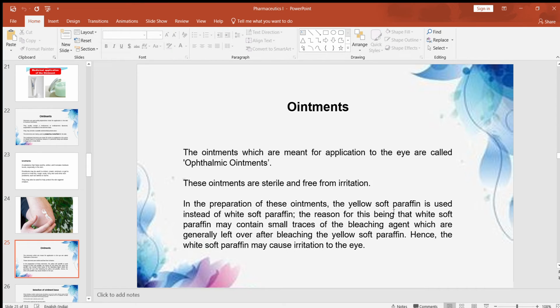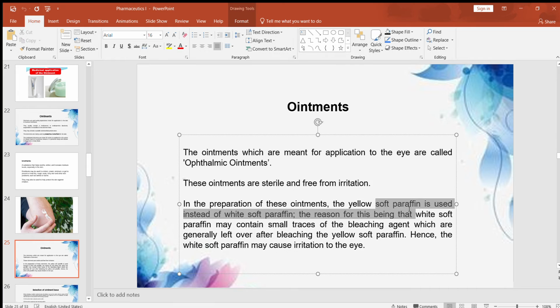This is a hydrocarbon base, which we'll be discussing shortly. That simple ointment, which we are going to use in making ophthalmic ointment, one of its components is soft paraffin.